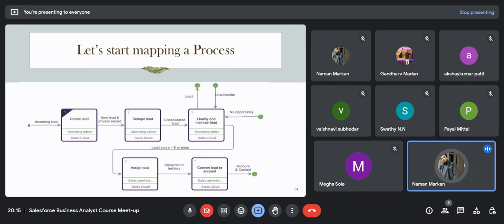So in business process mapping, we ensure that it is clear, consistent, and easily visualized in order to understand what exactly the meaning of a particular process is. It might have some objective which has been taken from your customer side.